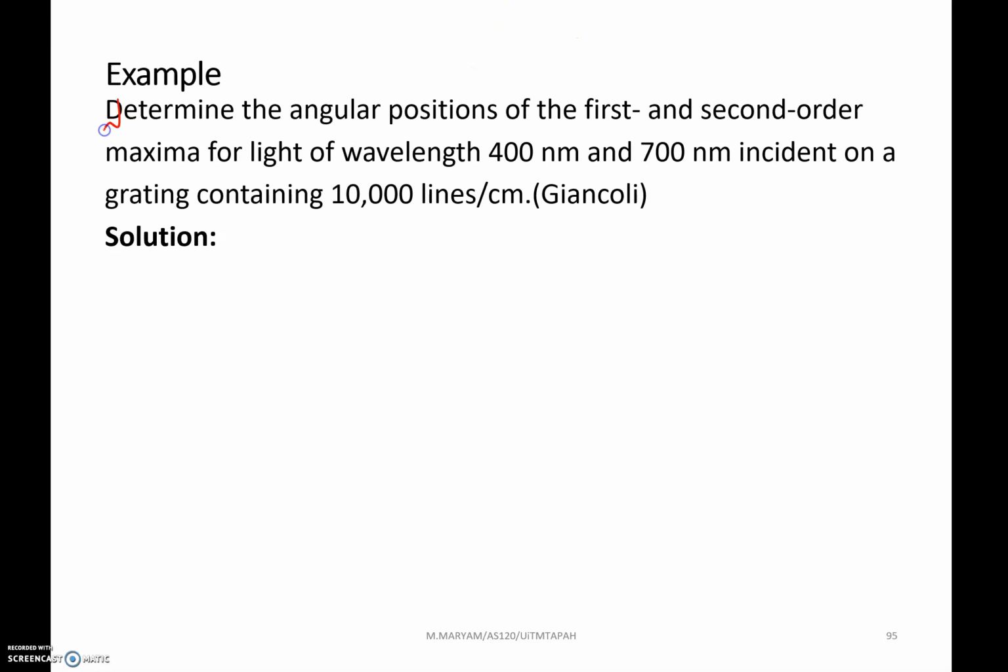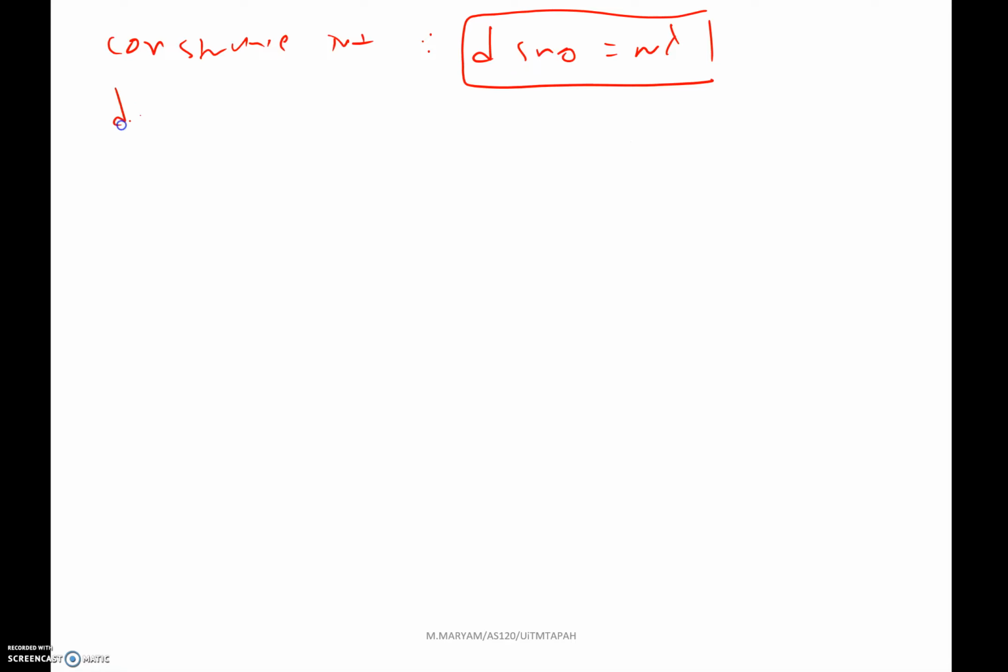So basically the equation will be exactly the same as the interference pattern for Young's double slit, where the constructive interference equation will be d sine theta equals m lambda, whereas for destructive interference, the equation will be d sine theta equals (m plus half) lambda.